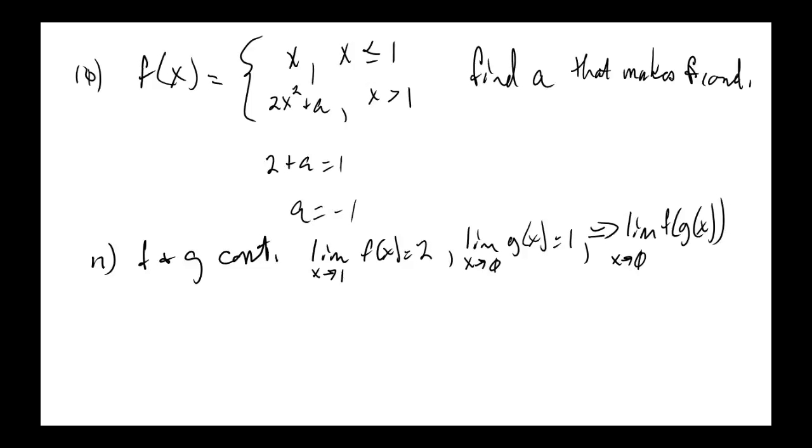This is a polynomial function, continuous everywhere. That's a polynomial function, continuous everywhere. So where's the point that you might have a problem? Think about this piecewise defined function. It's coming in from the left to a point and coming in from the right to a point.